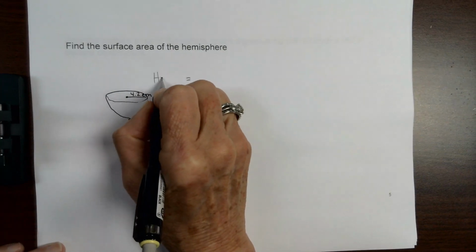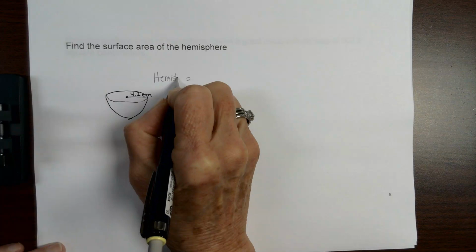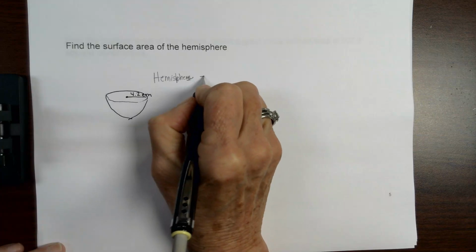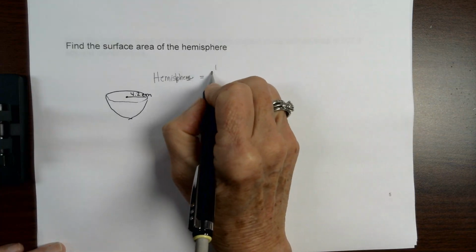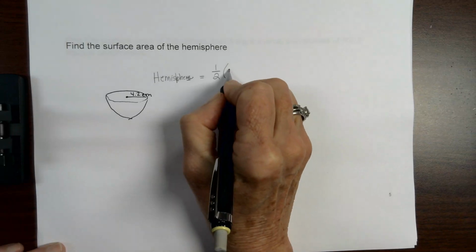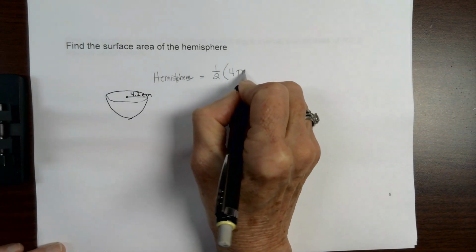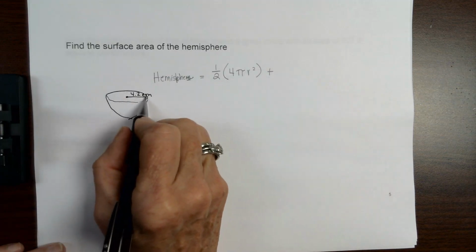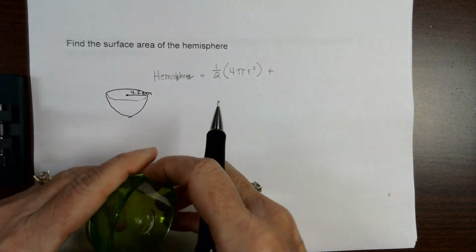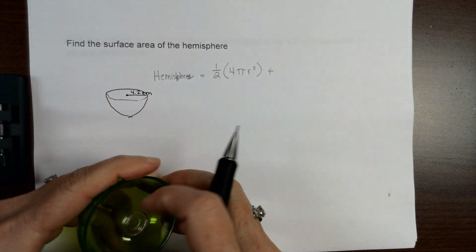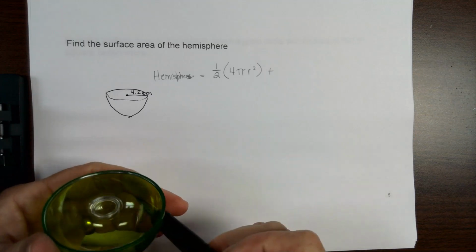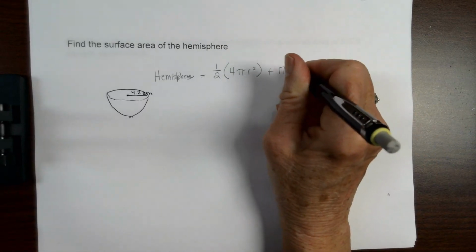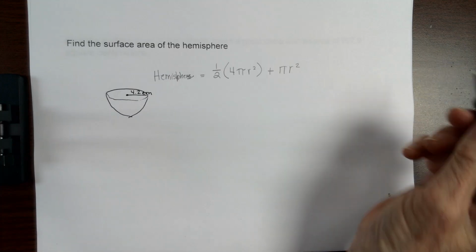If I'm talking about a hemisphere, which is half of a sphere, I've got 1/2 the surface area of a sphere, which is 4 pi r squared, plus that circle right there. So you've got this part plus that flat surface, and the area of a circle is pi r squared.